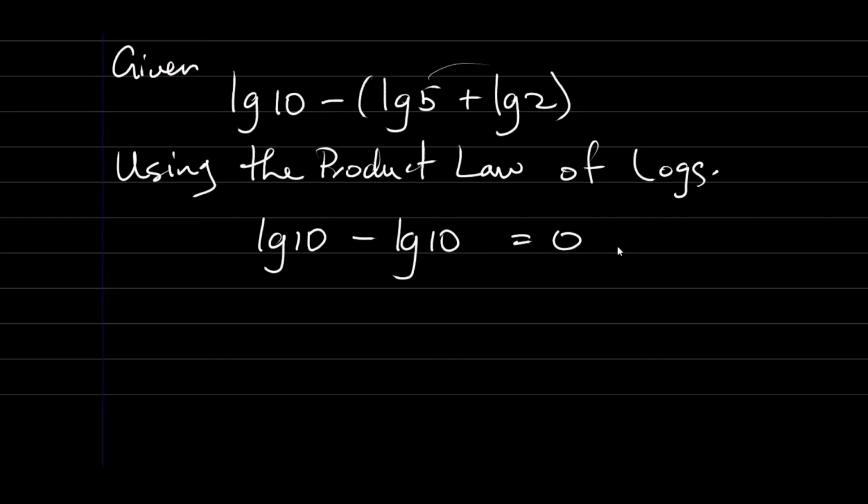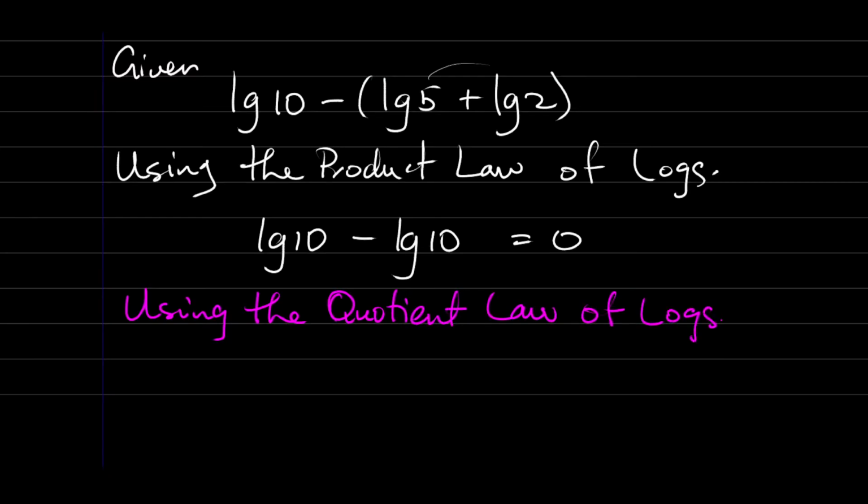So if we want to show this with the laws, then we can say that using the quotient law of logs, we will get that log of 10 over 10 is going to be log of 1, right? Log to the base 10 of 1.